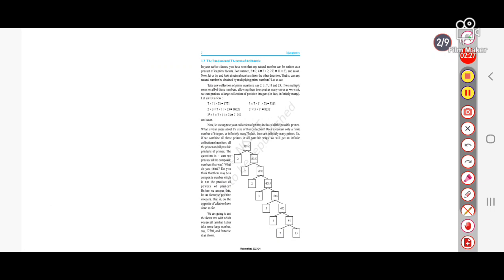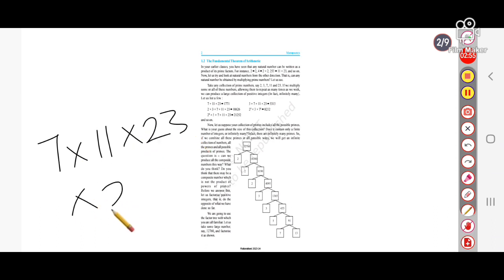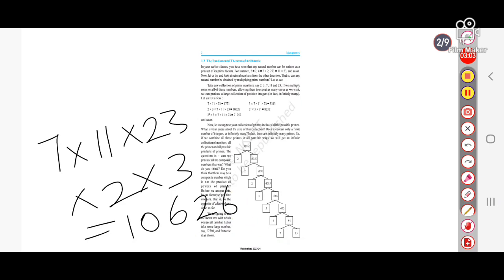By this theorem, if we multiply 7 into 11 into 23 into 3 into 2, it again yields the same output. You can check it with the calculator: 7 into 11 into 23 into 2 into 3 again gives 10,626. There's no change in that. So that is what is expressed over here.